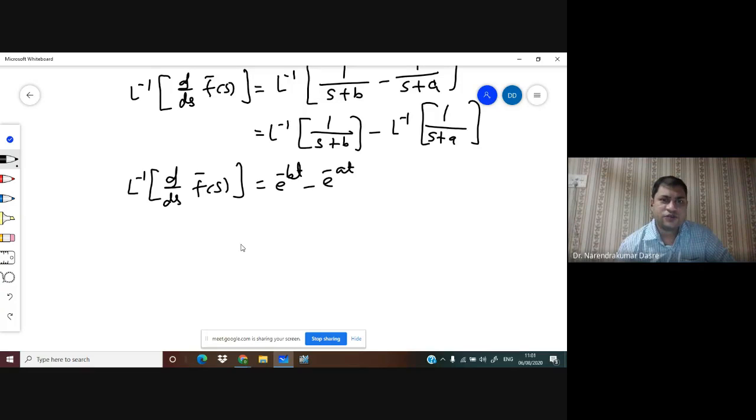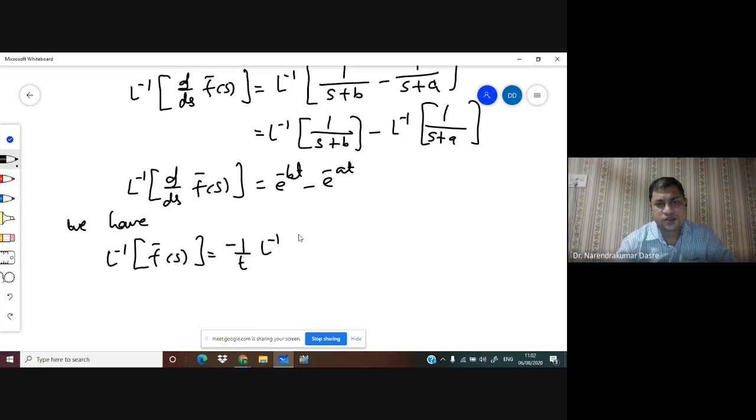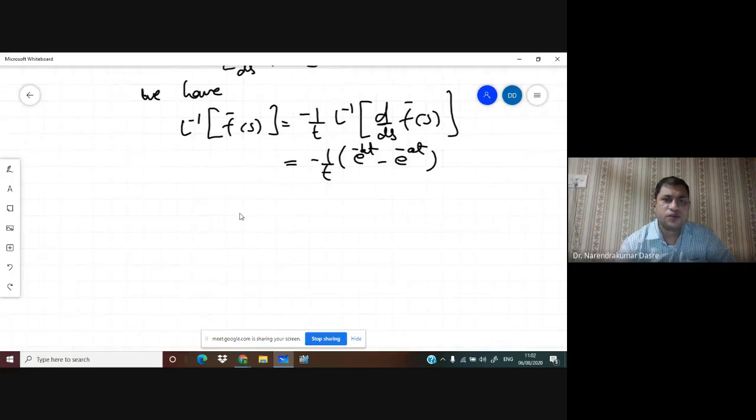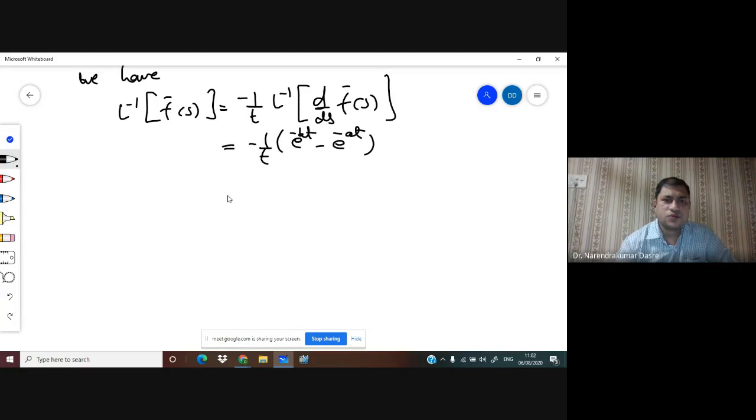Now we have to think of the third step. So we have Laplace inverse of f bar of s is equal to minus 1 by t times Laplace inverse of d by ds of f bar of s. So this is minus 1 by t times e raised to minus bt minus e raised to minus at, which we have already calculated. So this is equal to e raised to minus at minus e raised to minus bt upon t.